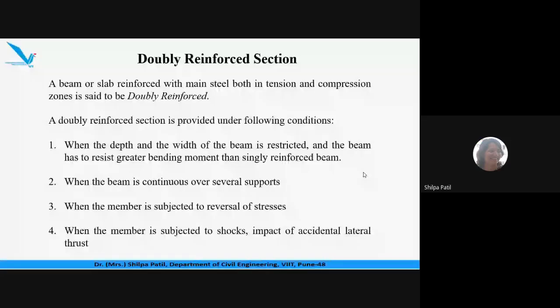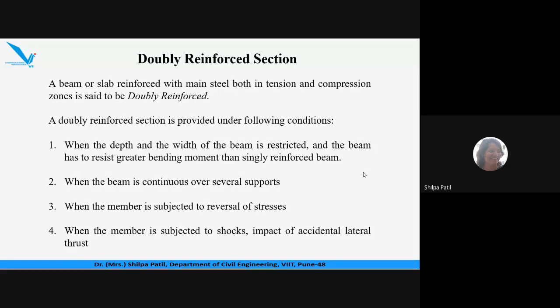So, if we consider any particular example of a truss which is subjected to vertically downward load, I'm specifically mentioning the direction of the load, that the loads are acting vertically downward. If you consider the example of dead load and live load, these loads always act in vertical downward direction. But wind loads don't always act in a vertical downward direction. Sometimes they also act in vertically upward direction.